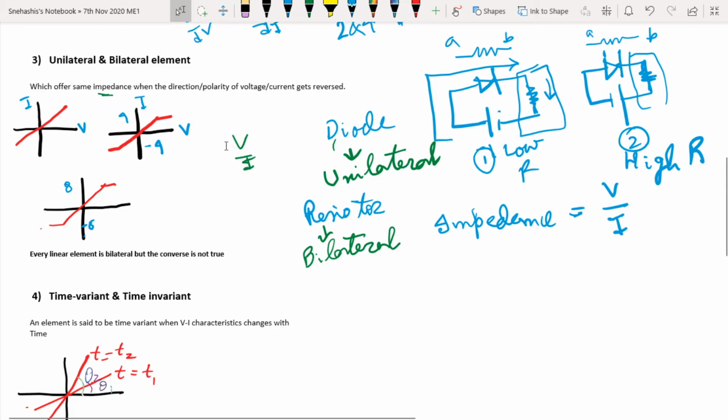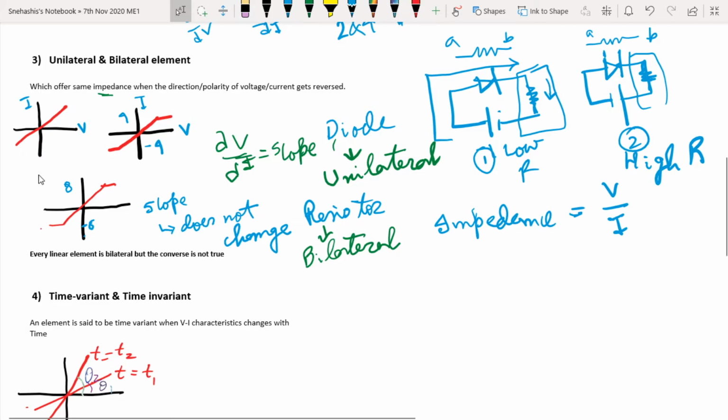V by I, or in other words dV/dI. Now dV/dI is your slope. So you have to check that the slope does not change. Listen to this very carefully, because it is the only critical thing, but very easy.